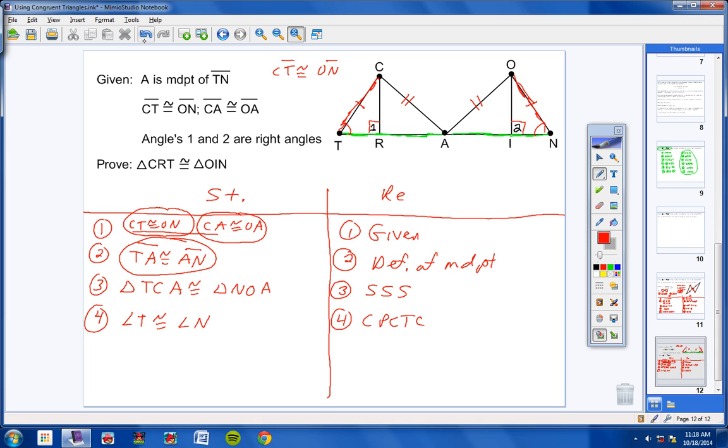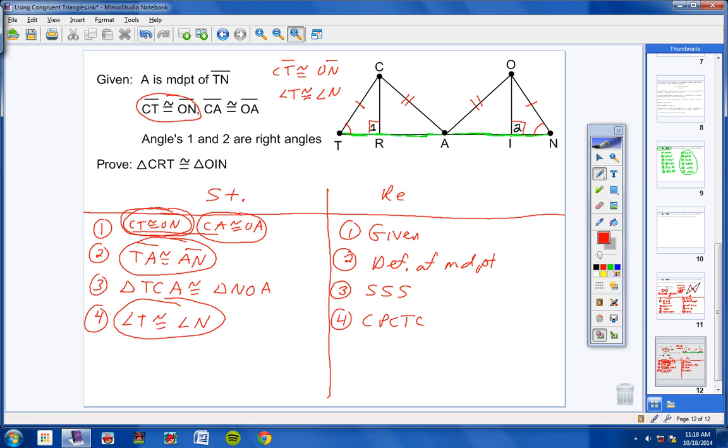Now I've already stated that right here. Look up here, it was given to me. So also somewhere in my proof I've got to state that angle T is congruent to angle N. I have to state that somewhere. And I did, right here.